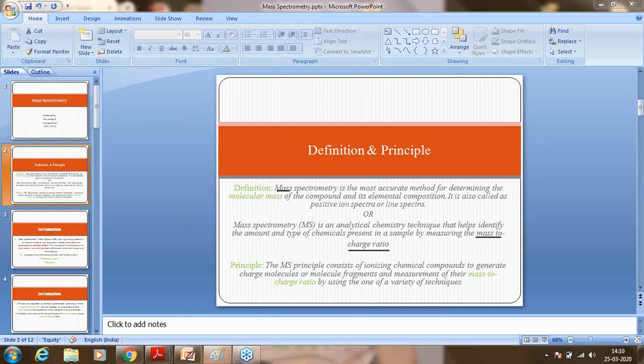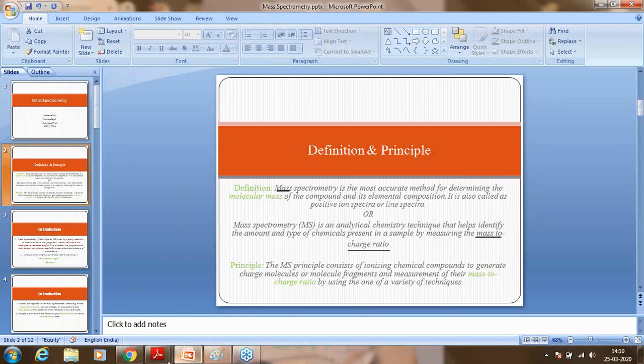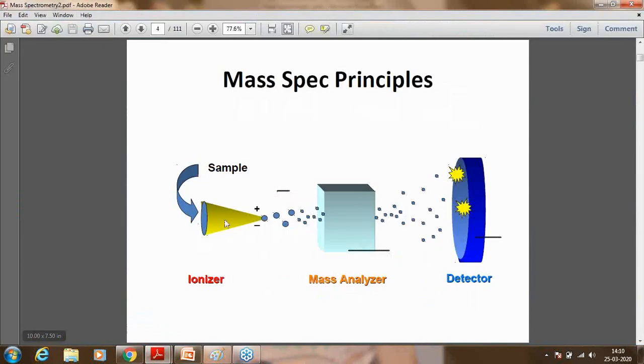Okay, let me show you the picture. You can see here, this is the diagrammatic representation, so you can better understand. This is the sample in which we are going to estimate the compound or metal or any kind of element.